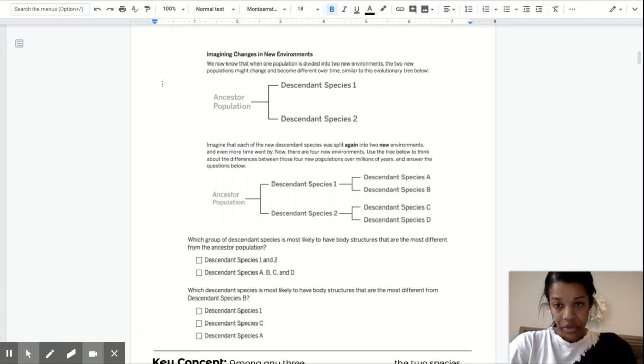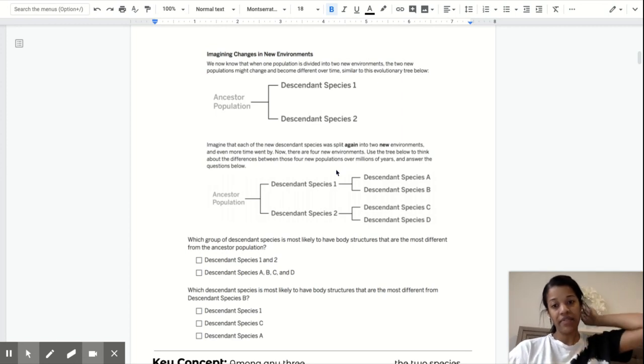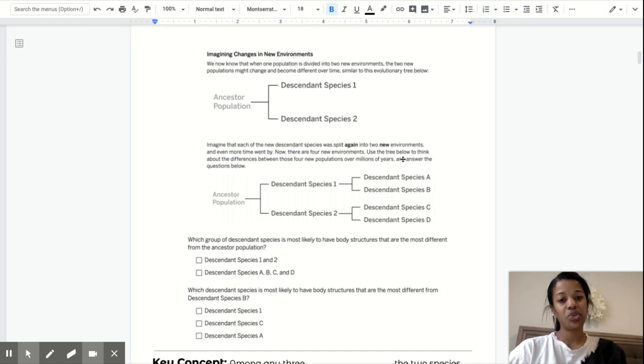So when we look at this evolutionary tree, we know now that when one population is divided into two new environments, the two populations might change and become different over time, similar to this evolutionary tree below. Imagine that each of the new descendant species was split again into two new environments, and even more time went by. Now there are 4 new environments. Use the tree below to think about the differences between those 4 new populations over millions of years, and answer the questions below.